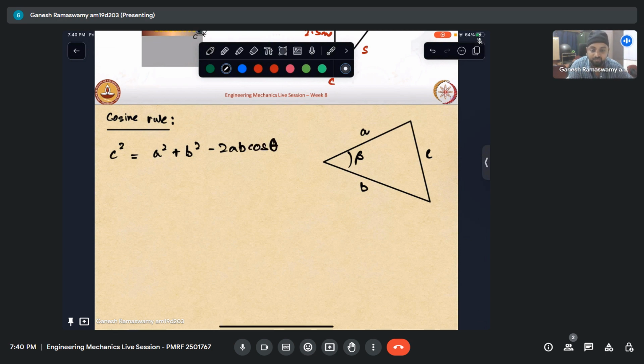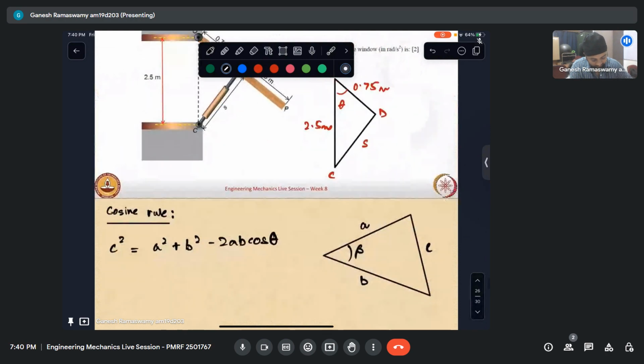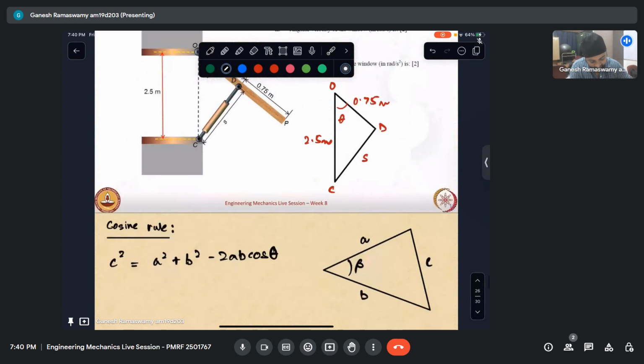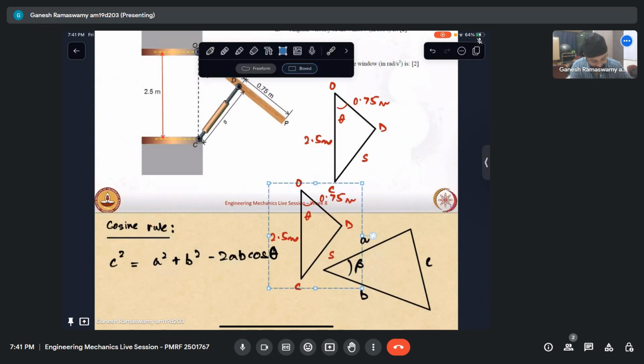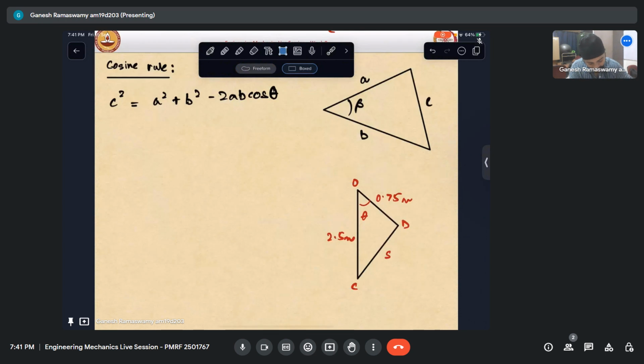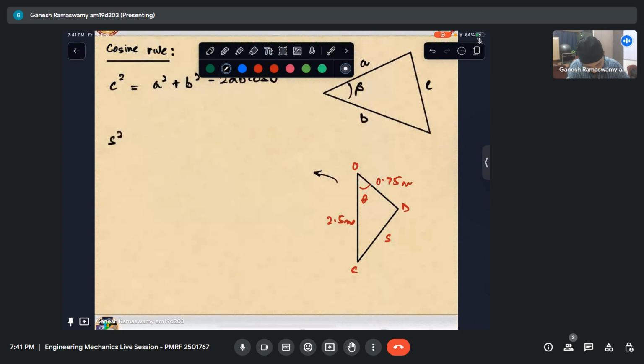Okay, so using that, can I write the cosine rule for this triangle? So for this, it will be S squared is equal to 2.5 squared plus 0.75 squared minus 2 into 2.5. This is 2.5, right?